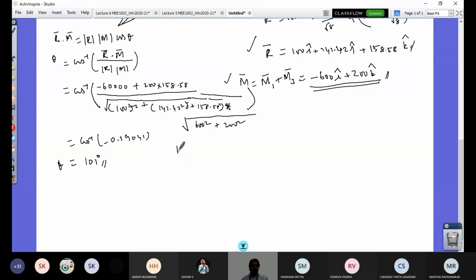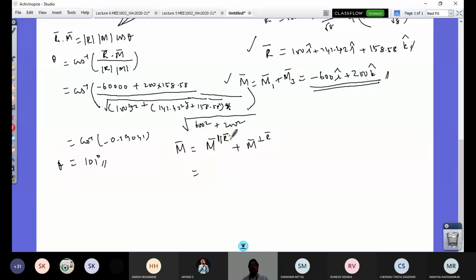Right, so look at now, the moment vector M can be represented as the couple vector. What we have found can be represented as a couple vector parallel to the resultant vector plus a couple vector perpendicular to the resultant vector. I can represent it like this. So how do I get the couple vector parallel to the resultant vector? It is simple.